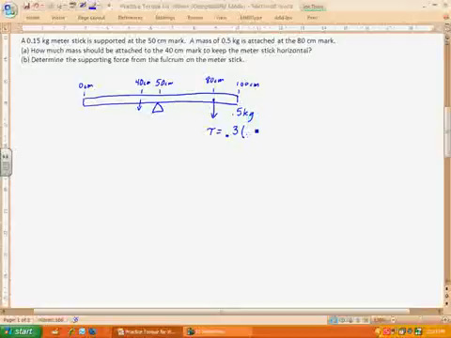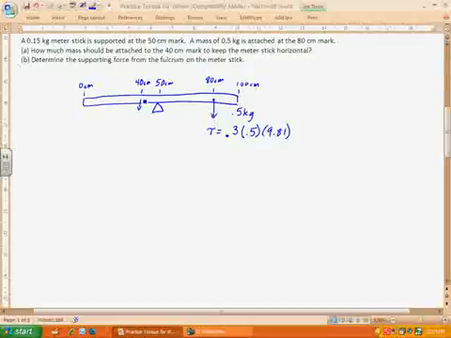So 0.5 times 9.81 times sine of theta. Now since it's going straight down, we're going to say that sine of theta is sine of 90, which is 1. All right, now that one's going this way, which will cause my meter stick to go clockwise, so that will be a positive torque.